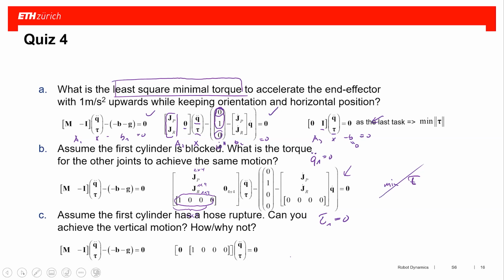So my second task is I have a hose rupture here. So I want my tau 1 to be equal to 0. I have a selection matrix for that. And then I have my motion objective, and that's the solution. So this is A1, this is A2, and this is A3.